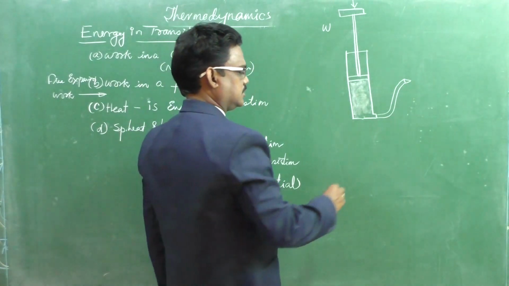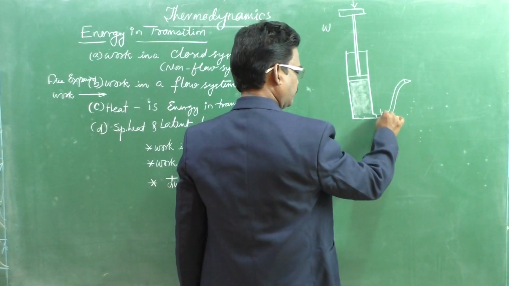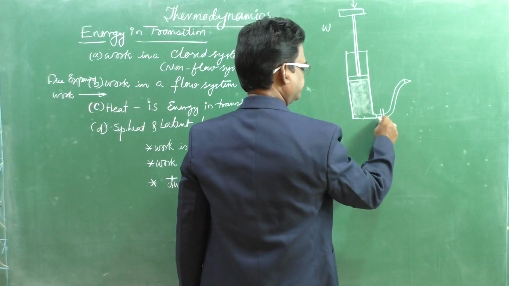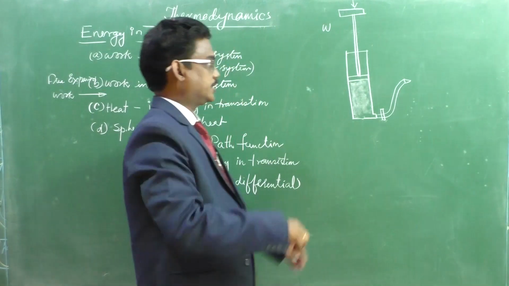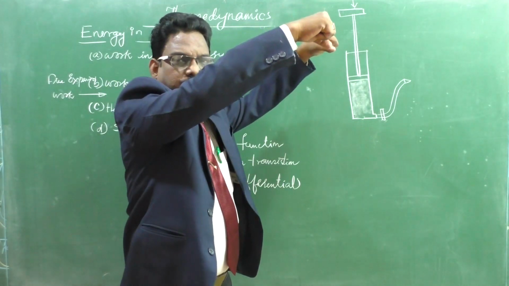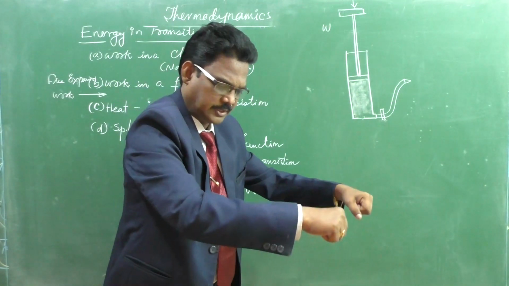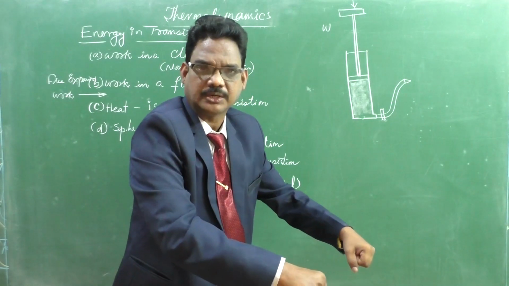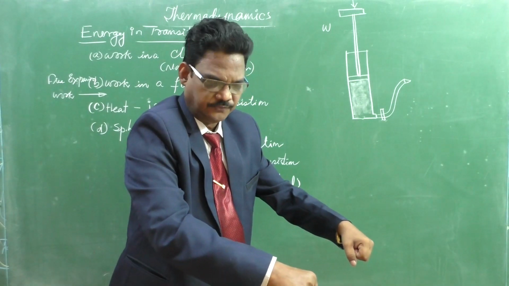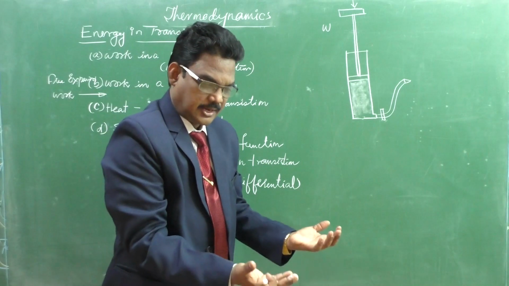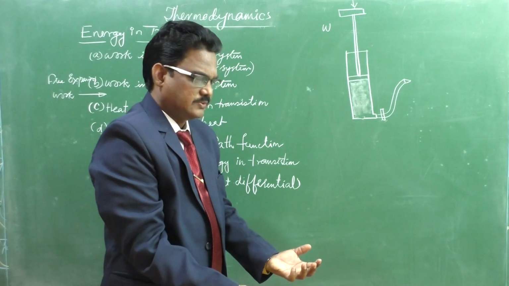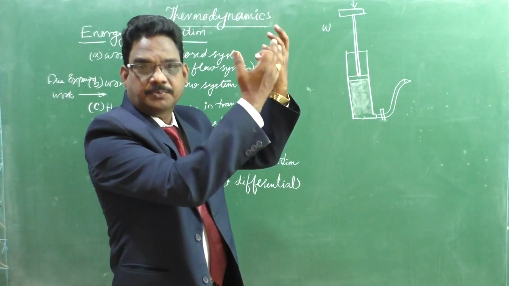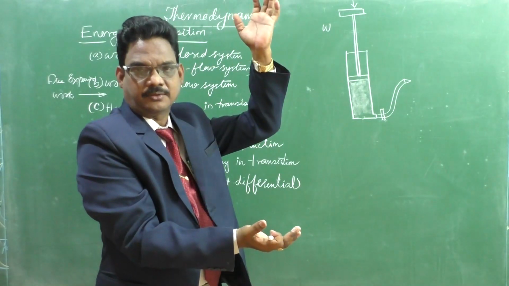Otherwise, if you close this and apply force over the piston, it will compress the air; that is work done on the system. If you release it, then the compressed air, due to its internal energy, will do work on the piston and it will expand.